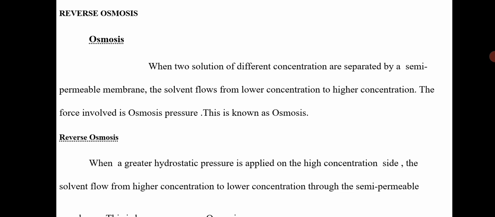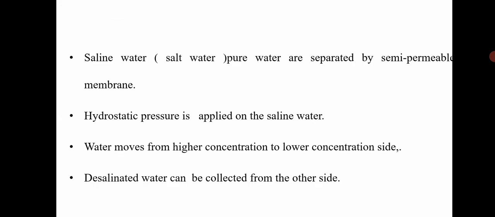Reverse osmosis is just the opposite of osmosis. When we apply extra pressure, a greater hydrostatic pressure, on the higher concentration side, the solvent flows from higher concentration into lower concentration through the semi-permeable membrane. This process is called reverse osmosis.